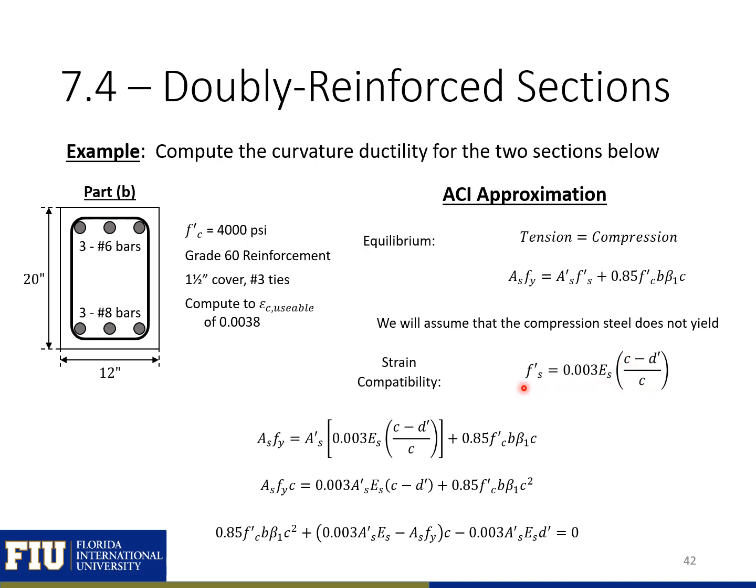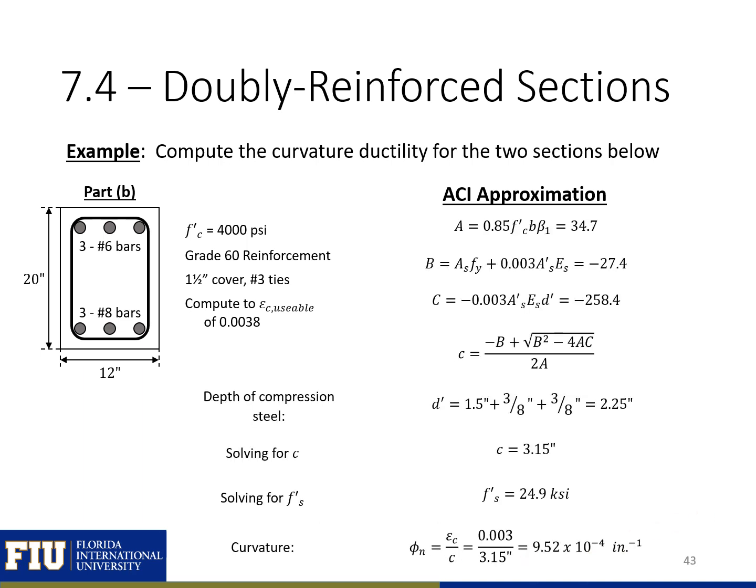We can plug in this fs' expression into our equilibrium equation, which we do here, and we can simplify it down into a quadratic, where we have an A times c squared plus B times c plus a C component equals 0. And then we can just use the quadratic equation to solve for c.